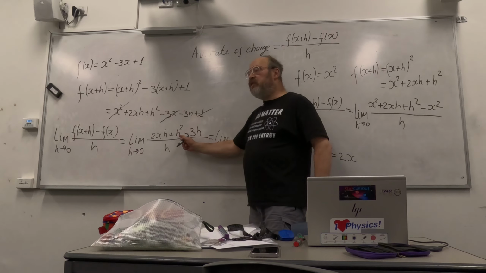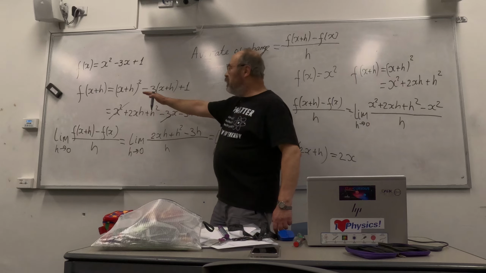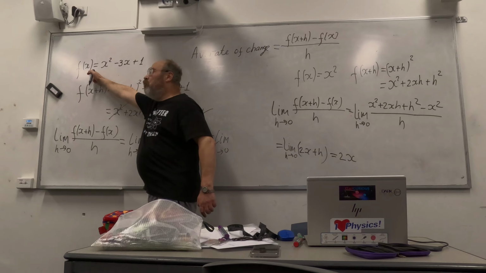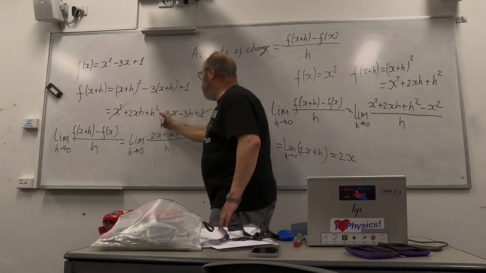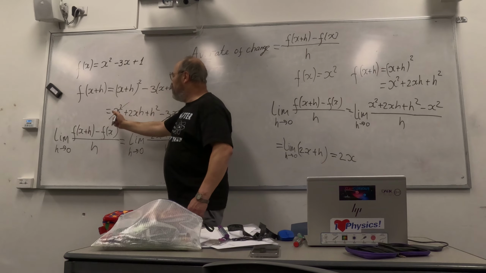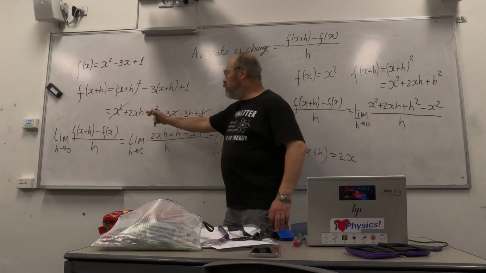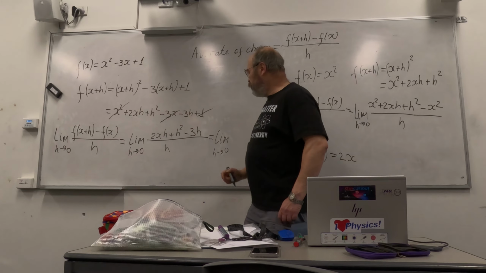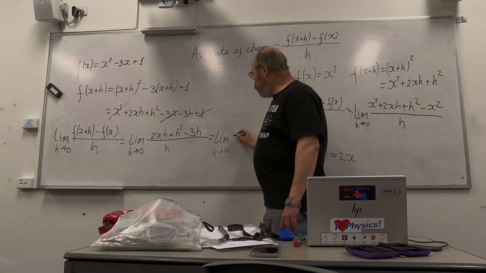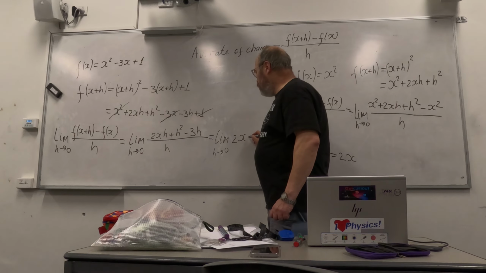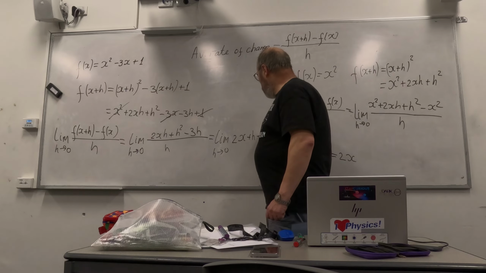Does this make sense, how I got this? I subtracted f of x plus h minus f of x. If this minus this, x squared will go, minus 3x will go, and 1 will go. And that's what's left, 1, 2, 3. Then we divide by h, we get 2x plus h minus 3.